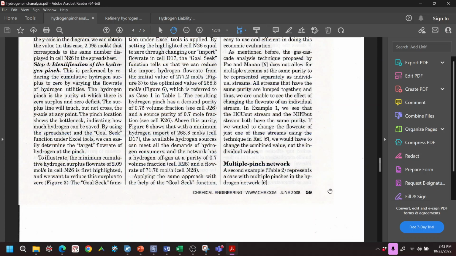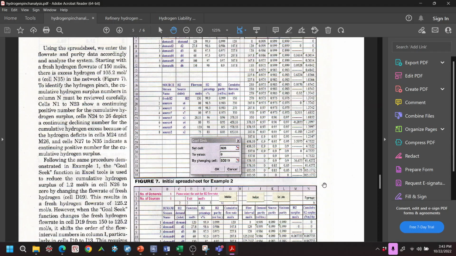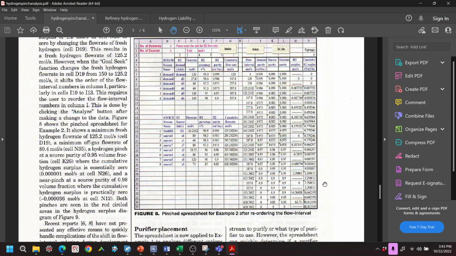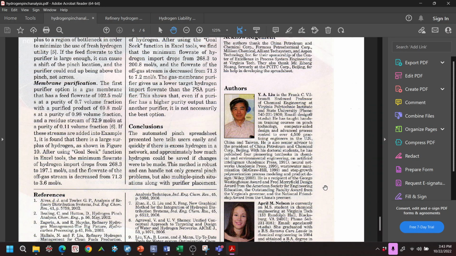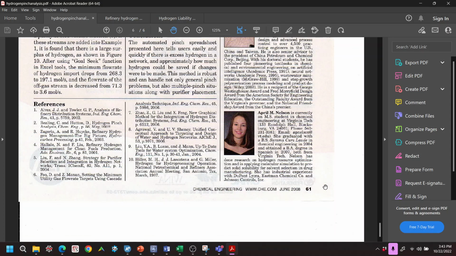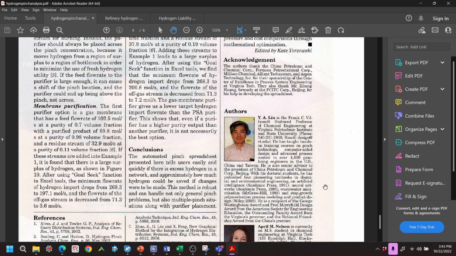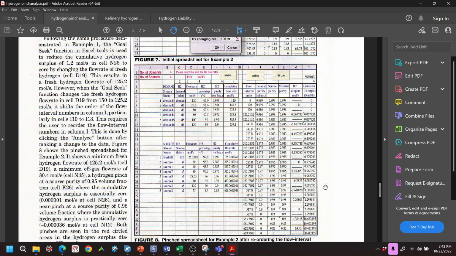We can simply see. GoalSeek. One minute. Where is that link? I don't know. It should be mentioned, though I may have missed it.